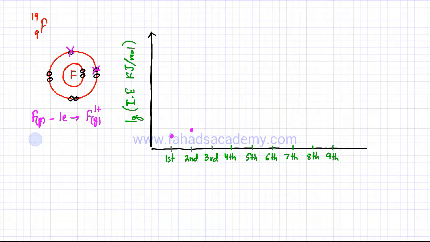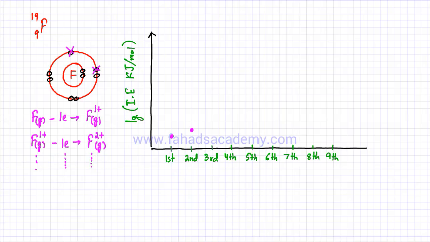Now if I remove the second electron, it would be removed from a gaseous 1 plus ion, because the first electron has already been removed, and it's going to produce a 2 positive ion. So fluorine is going to have a 2 positive charge. That's my second ionization energy, and so on and so forth until I've removed all the 9 electrons.